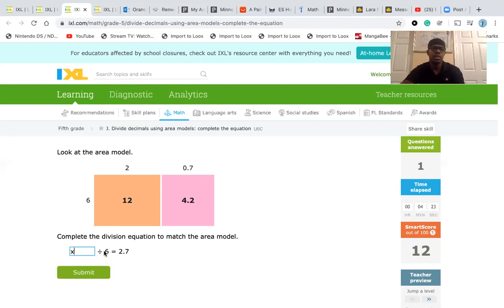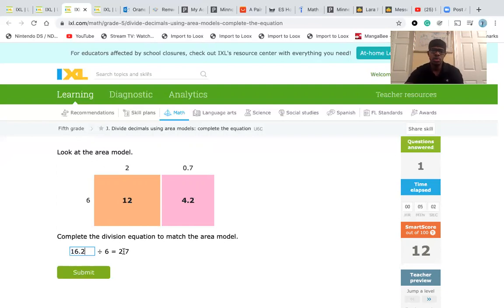So one way we can do that is we can have 2.7, we have the 2 at the top, 0.7 at the top, and then the 6 on the left, and then we'll multiply them. 6 times 2 is 12. 6 times 0.7 is going to give you 4.2. If I add 12 and 4.2, I have 0.2 plus 0.0 is 0.2 again. 12 plus 4 is going to give you 16. So that's going to give 16.2.